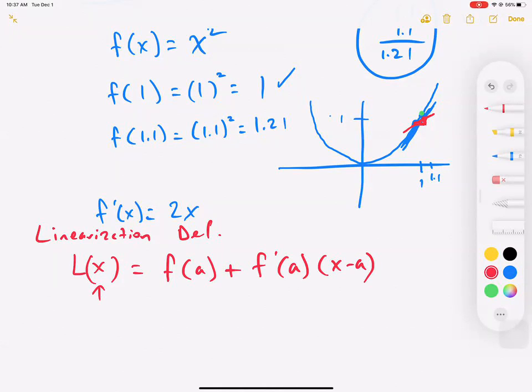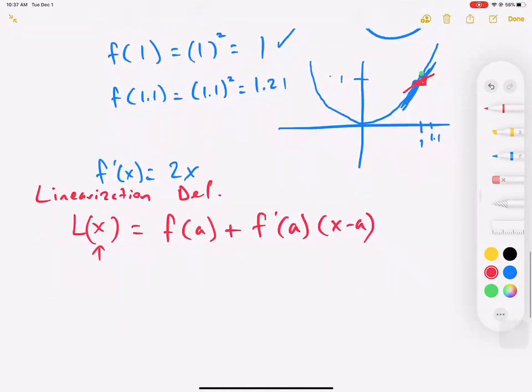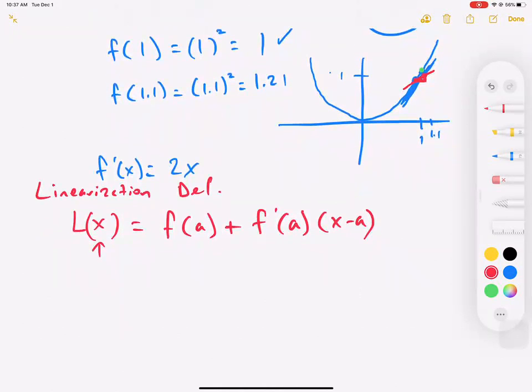Now let me explain to you what this equation really is. So this is an approximation of f of x. Okay? It's just an approximate value of what it should be, right? Our tangent line in red here is really close to our actual value, but it's going to cost us less work, hopefully in the long run.